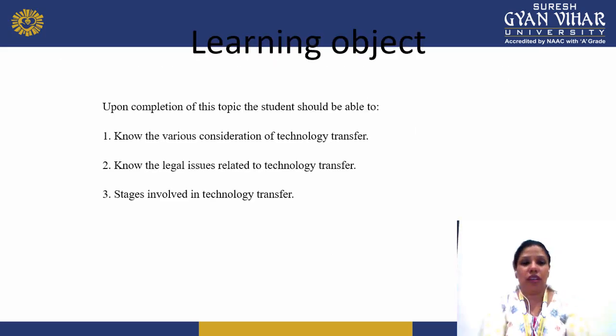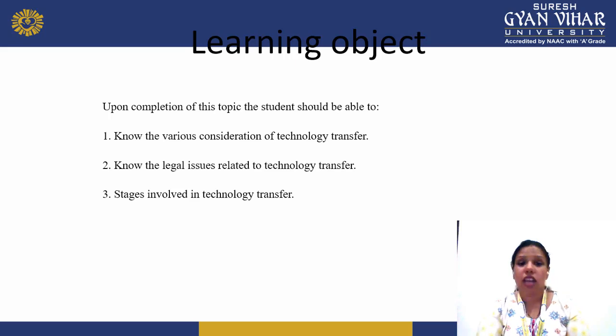So first of all, the learning objective. The learning objective of this technology transfer unit, which is the second unit in the Industrial Pharmacy 2 subject, is that in this unit they focus on technology transfer. After completion of this unit, you will come to know about the various considerations related to technology transfer, the introduction, why it is important, and what is the need behind technology transfer.